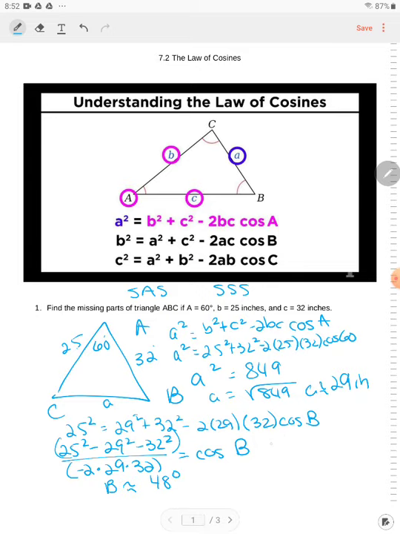So the measure of angle C is equal to 180 minus 60 plus 48, 108. So the measure of angle C is equal to 72 degrees.